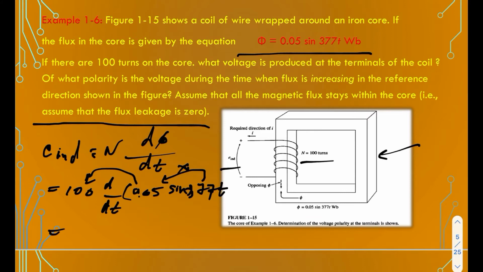So the answer will be 1885 cosine with the same angle, 377t. This is the answer for this example.